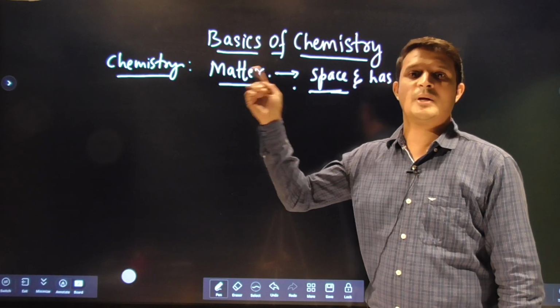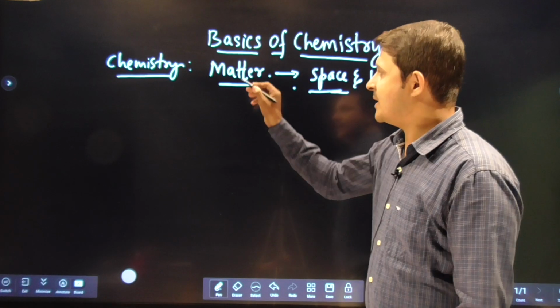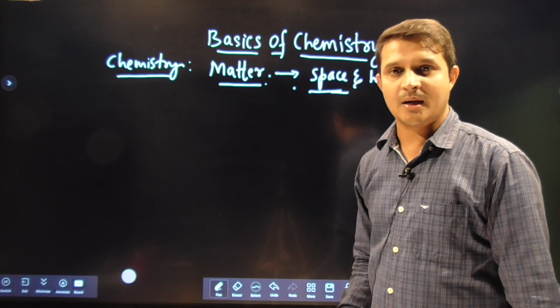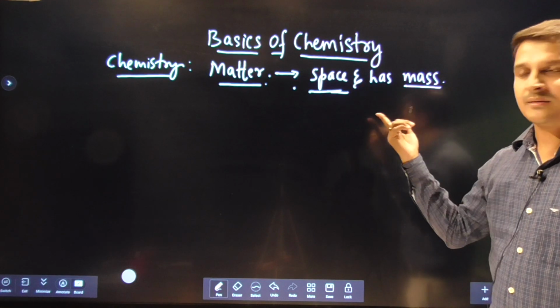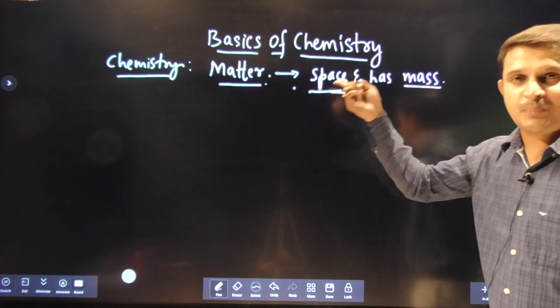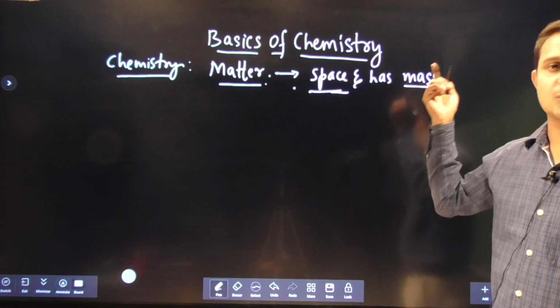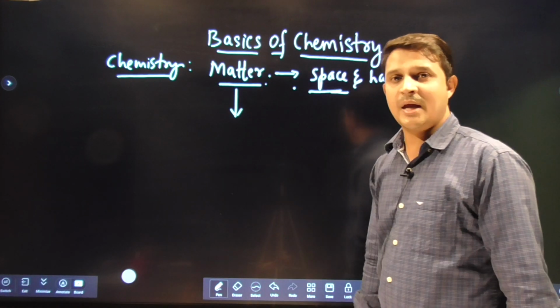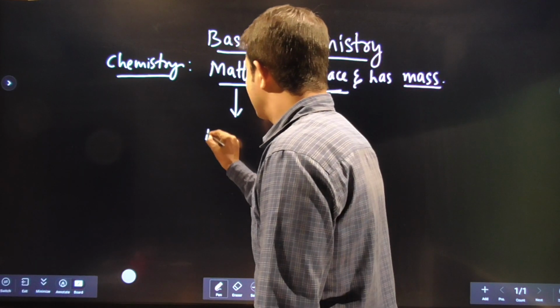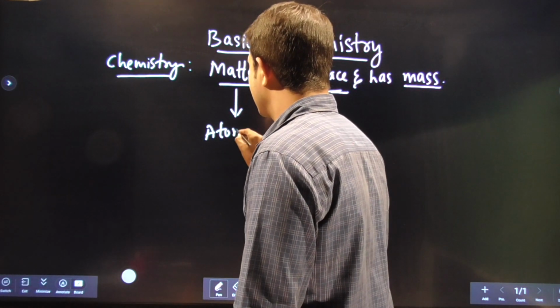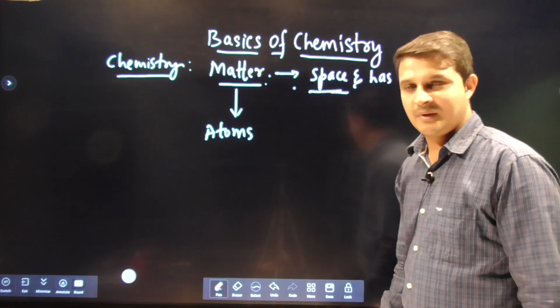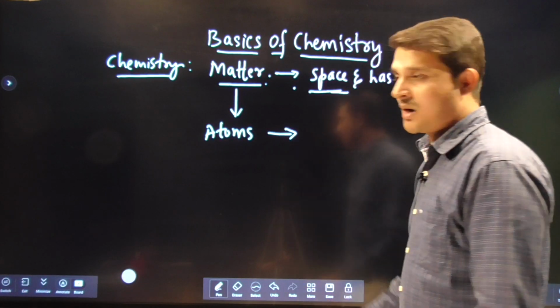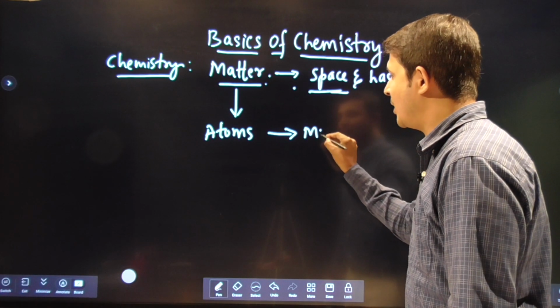its properties. Okay, so what is this matter? It may be anything which occupies space and has mass associated with it. Matter is made up of smaller particles called atoms, and these atoms combine to give rise to molecules.